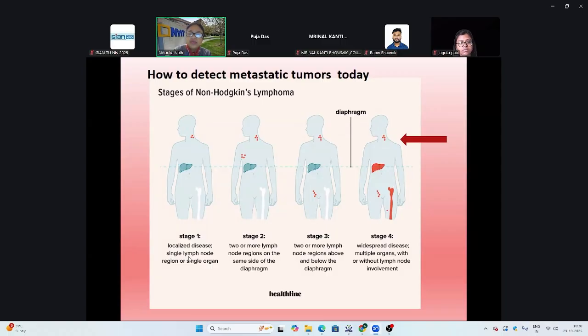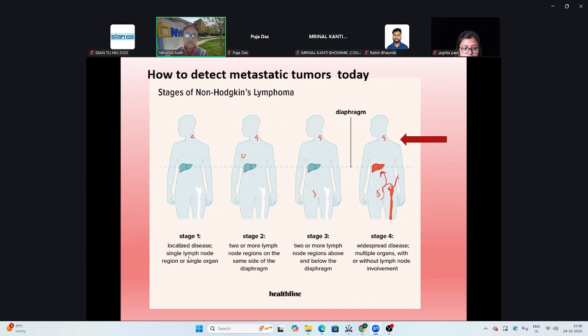Okay. So that's because not necessarily that it went through the lymphatic vessels, but maybe from the lymph, it might have gone through the blood vessel, and so from the blood vessel, it might have traveled to the liver and to the bone.